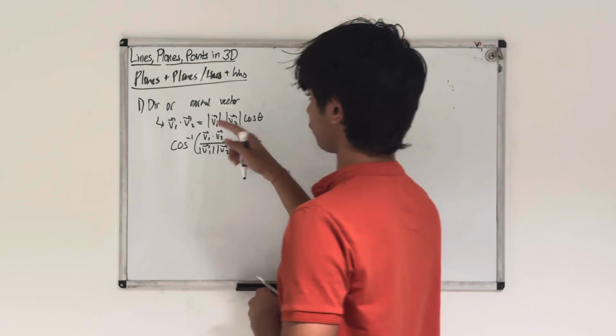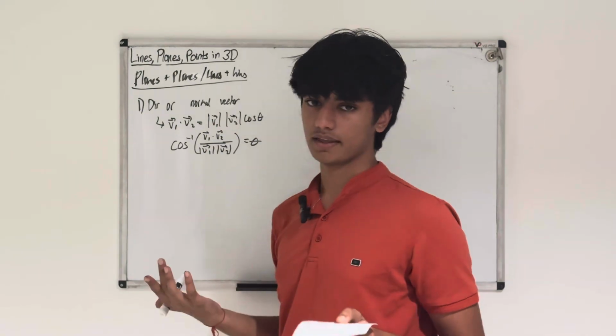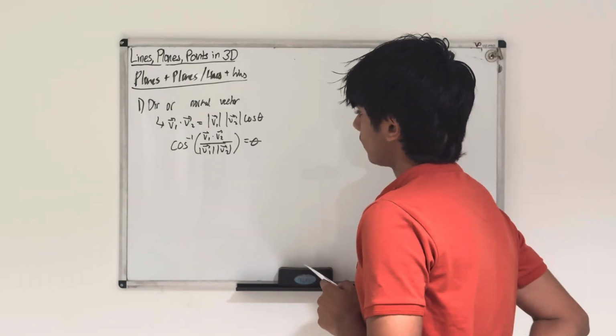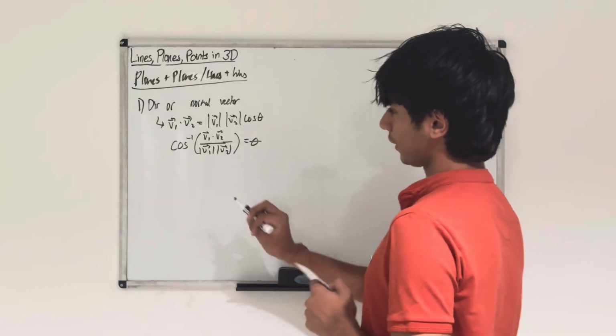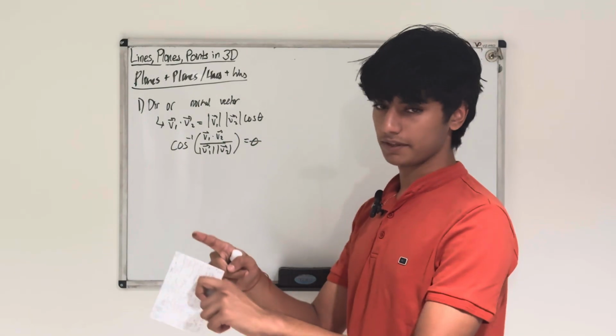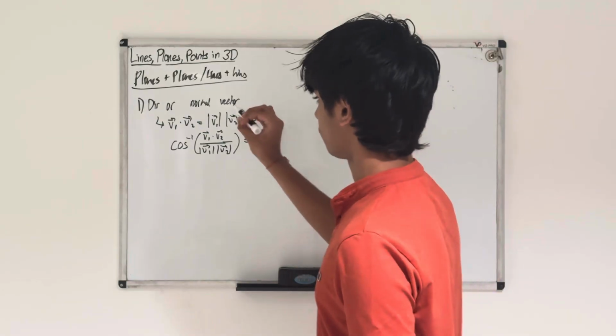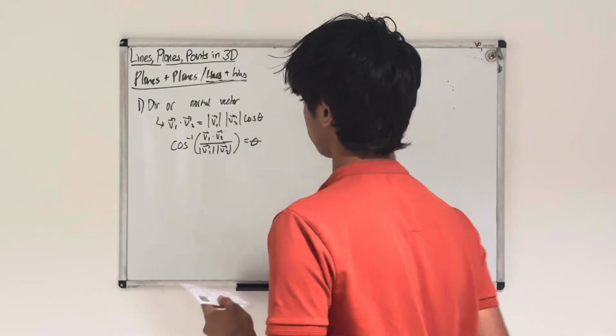And this works again for normal vectors too, because normal vectors can tell us the perpendicularity between two planes as well. One thing to note is for lines, you also have to check if they intersect, because if two lines are skew, they're not going to have an angle between them since they don't intersect. So checking intersection for the lines is important as well.